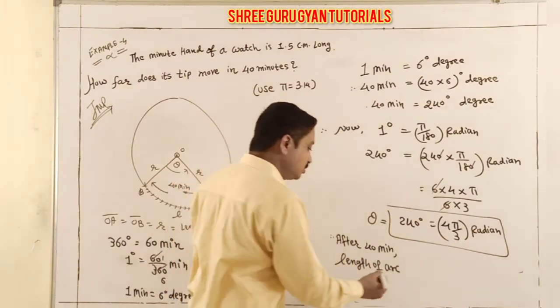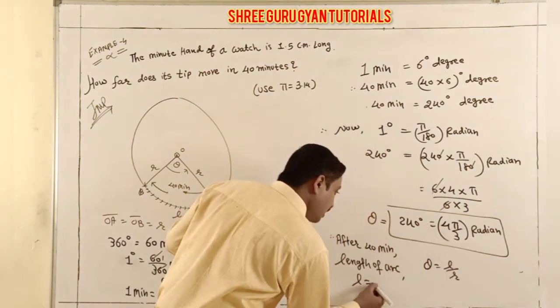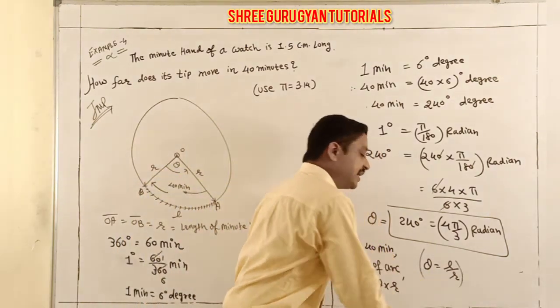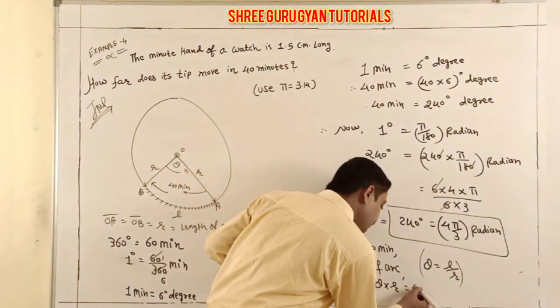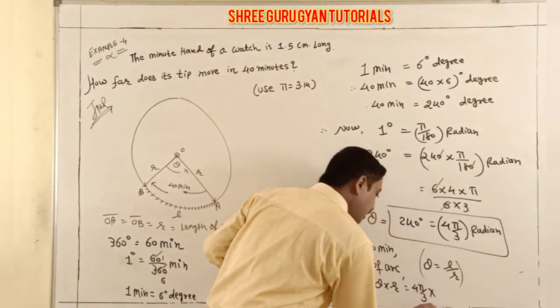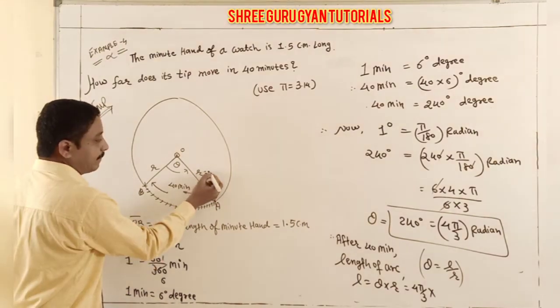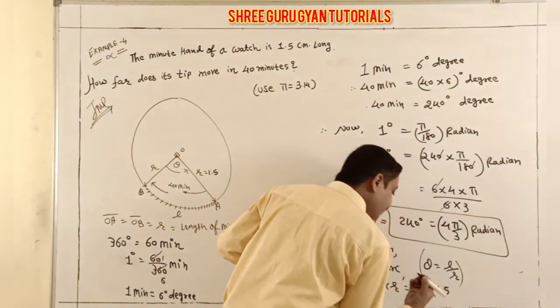Yes, the formula is known: theta is equal to L by R. So what is L? Theta into R. I am just applying this known property. Theta is 4 pi by 3, and R is already known, it is the radius, 1.5. So here your value is 1.5.